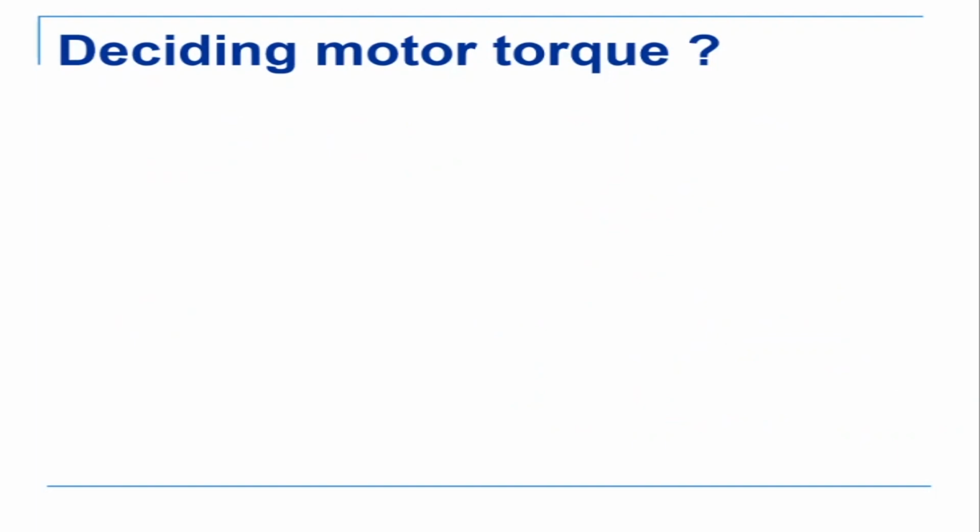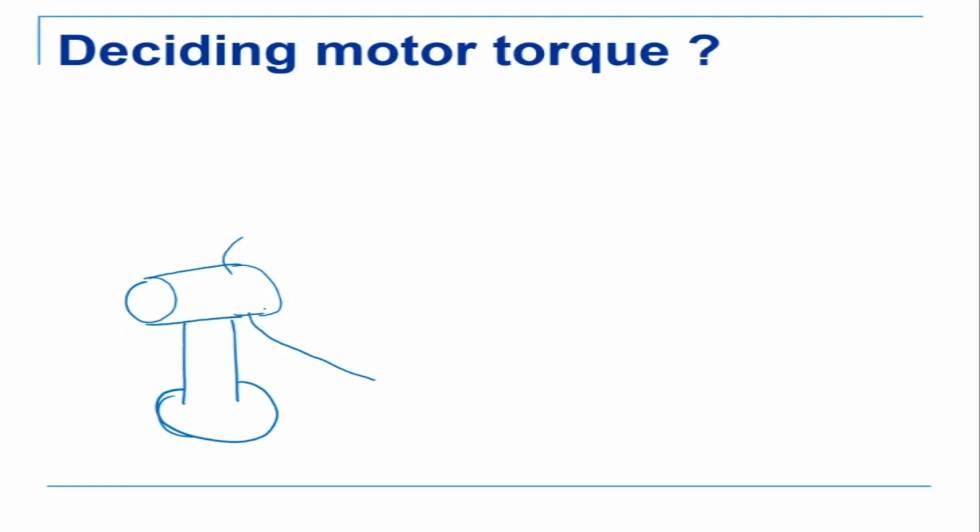Let's say I have a robot of this type. This robot is rotating about this axis. Then there is a shoulder axis here, and there is one more axis here, and the end effector is here.